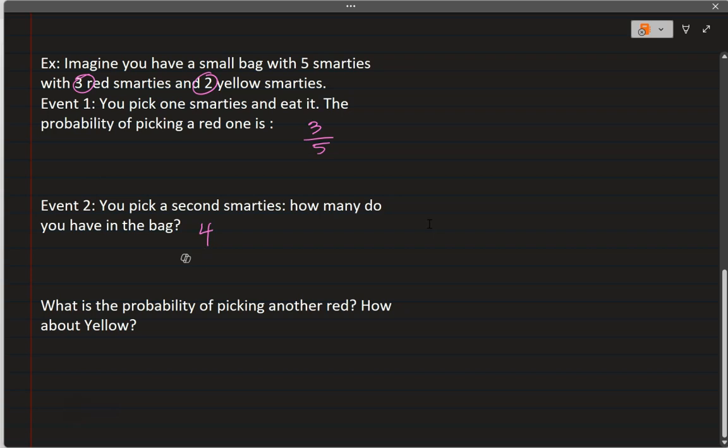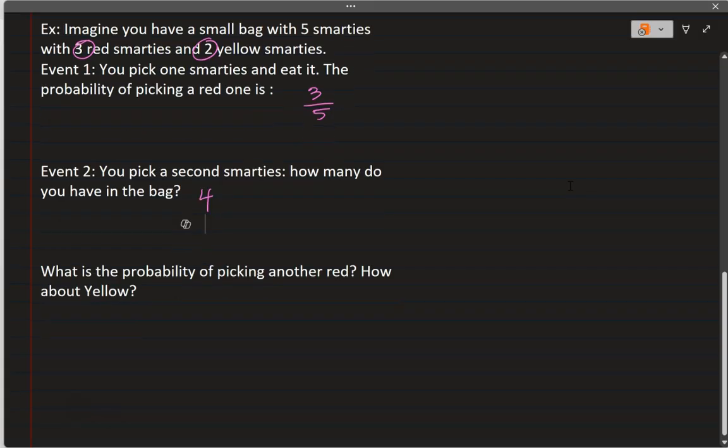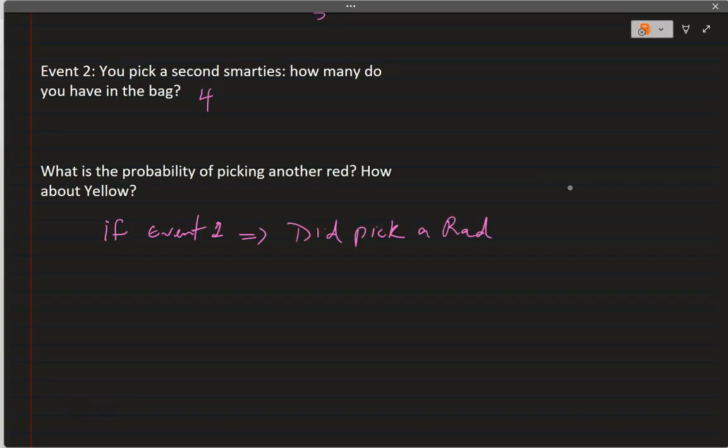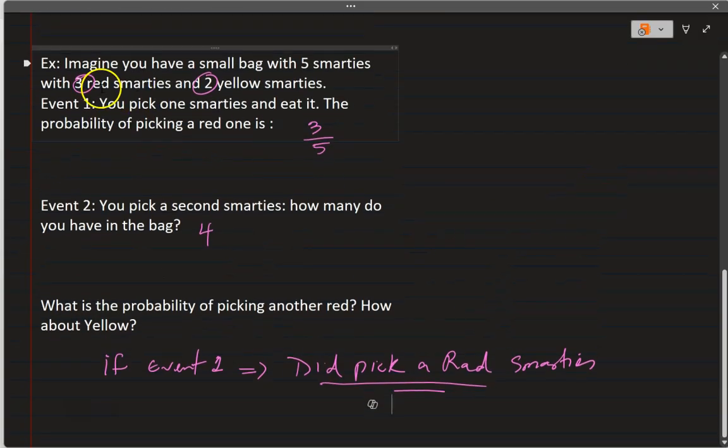Well, it has to do with what happened the first time we picked. If in event 1 we actually did pick a red Smartie, that means there are not 3 red Smarties anymore, there are only 2.